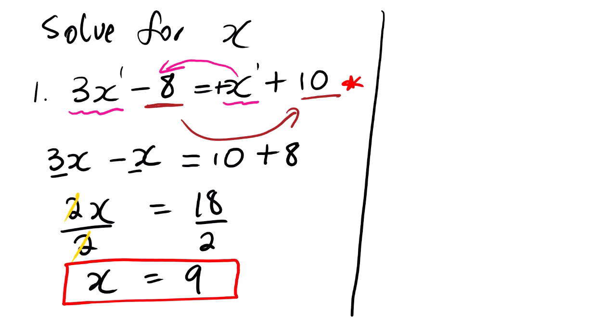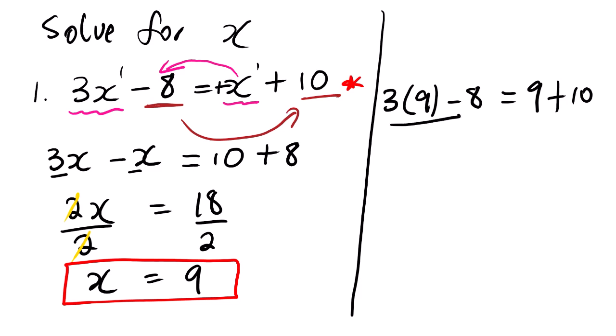Now we have 3 times 9 minus 8 equals 9 plus 10. In simple terms, this side must equal that side. 3 multiplied by 9 is 27. 27 minus 8 is 19, equals 9 plus 10, which is 19.